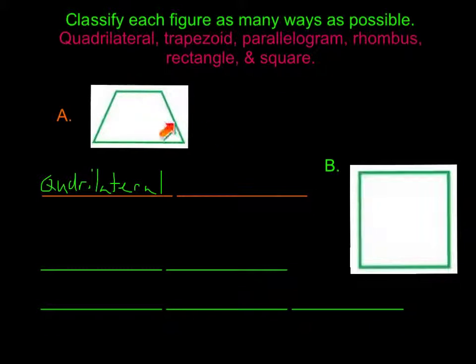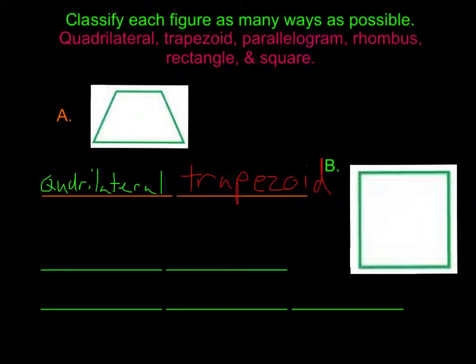In this case, it is going to be a trapezoid because it has one pair of parallel lines. So we're going to call it a trapezoid, and we're just going to write on the second line here, trapezoid. T-R-A-P-E-Z-O-I-D.